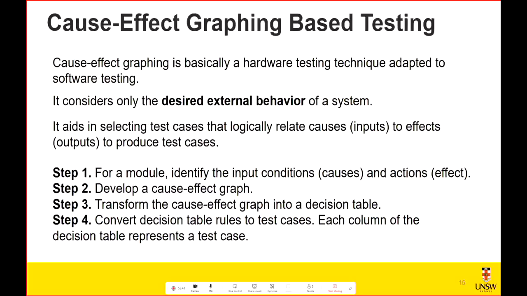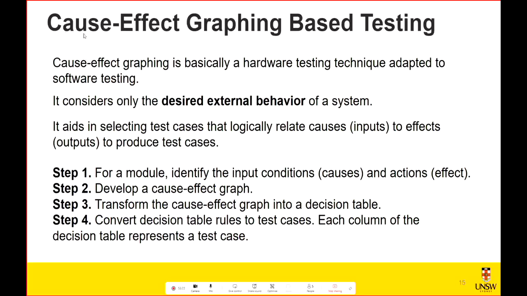So this page is full of definitions and is quite overwhelming. Basically the basic idea of cause-effect graphing is to only consider the desired external behavior of a program, and that desired external behavior is called effect, and cause corresponds to the conditions we have or the inputs from the users.